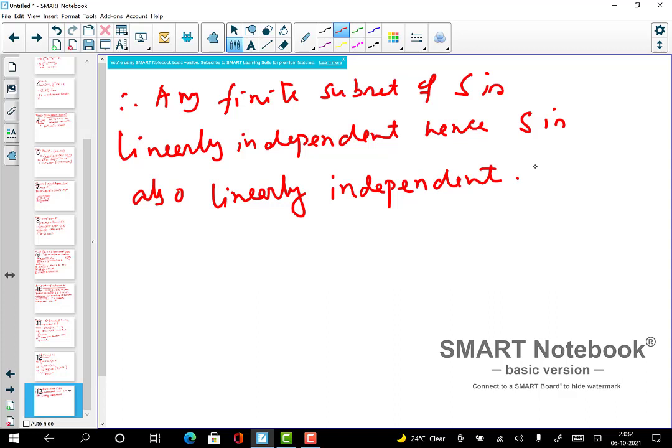Okay, so this is a proof that you can always say that whenever you have an orthogonal set of non-zero vectors, that has to be linearly independent, right?